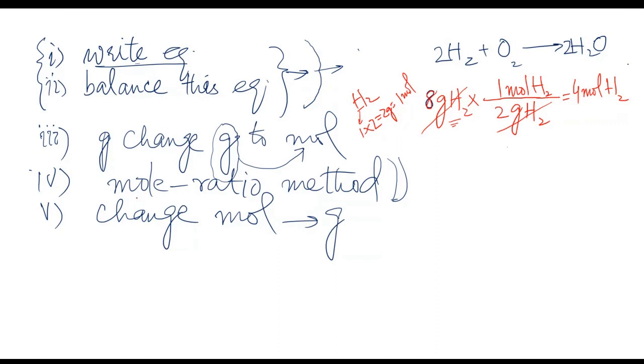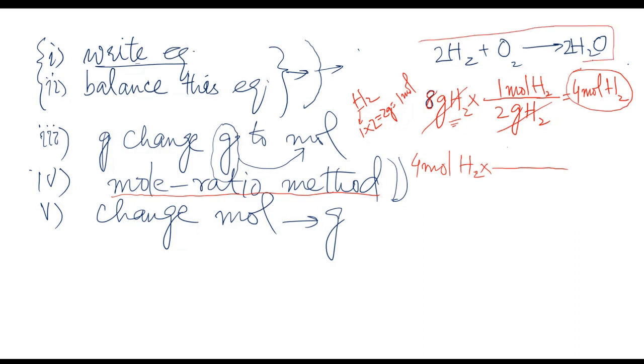Step number 4, mole ratio method. What is this mole ratio method? Take your answer from step number 3, 4 moles of hydrogen. Multiply and divide. Okay, friends, for mole ratio method, use this equation. Now, what is given in your question?